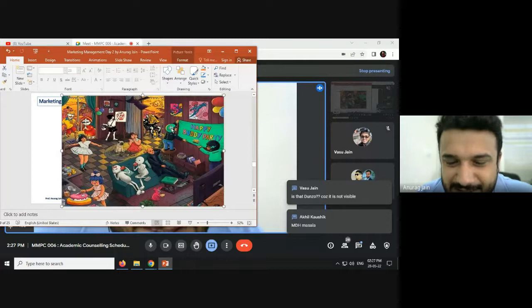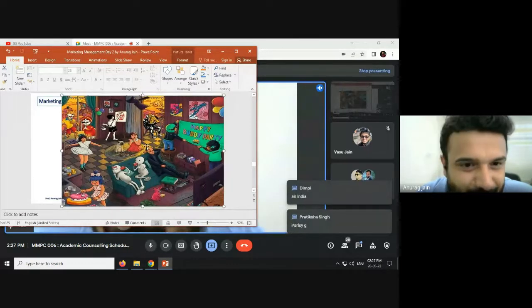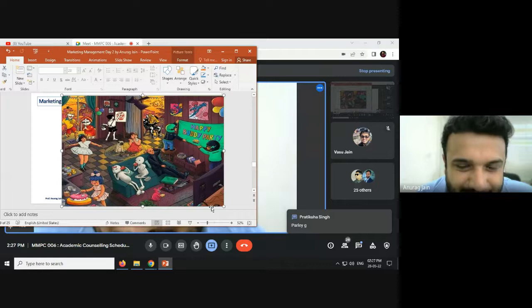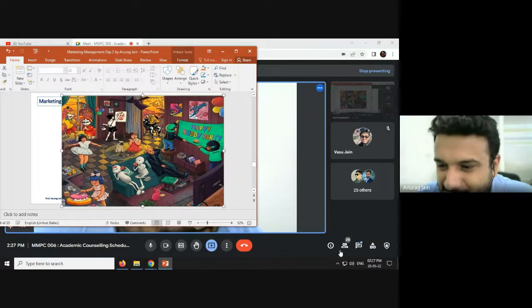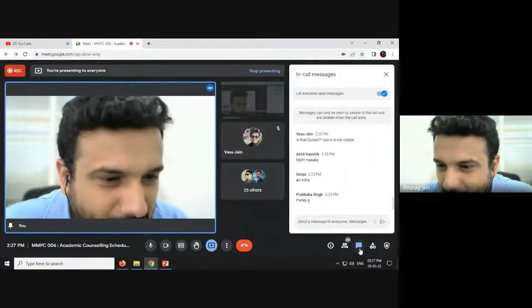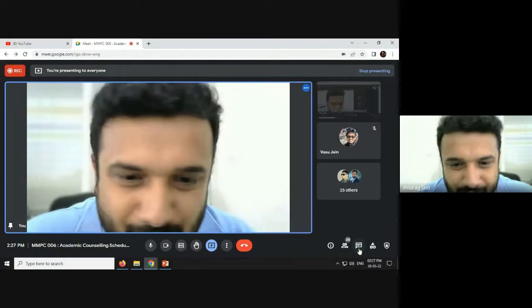This helmet which these guys are wearing. MDH Masala. Where are you seeing? Yes, the Dada is there. Where is Air India? Air India is also there. And some more. Parle G. Nice. Woodland. Where did you find?